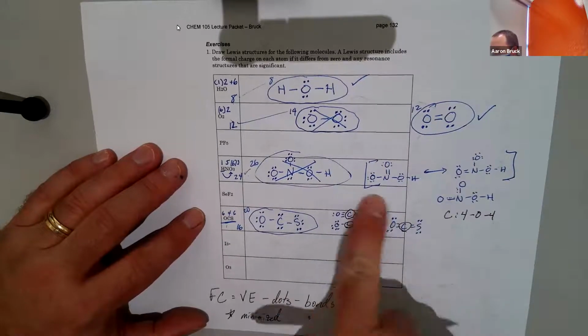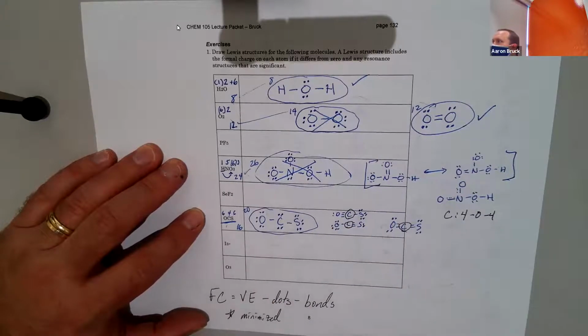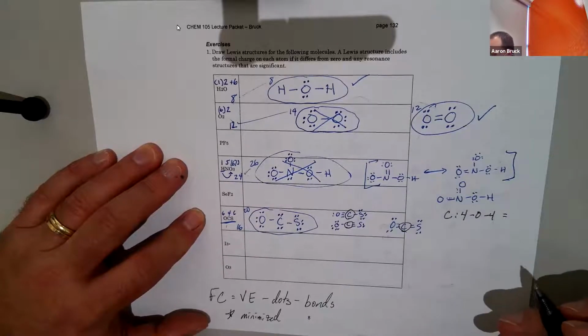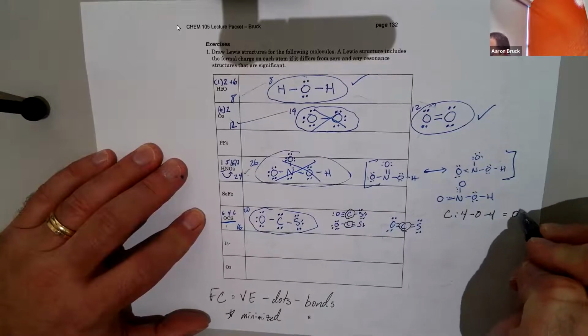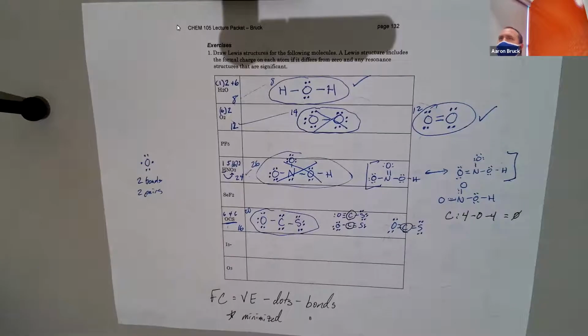Regardless of the structure, carbon has 4 bonds. Whether they're 2 double bonds or a single bond and a triple bond, it's still 4 bonds either way. 4 minus 0 is 4. 4 minus 4 is 0. There is no formal charge on any of the carbons in any of the molecules that we drew.